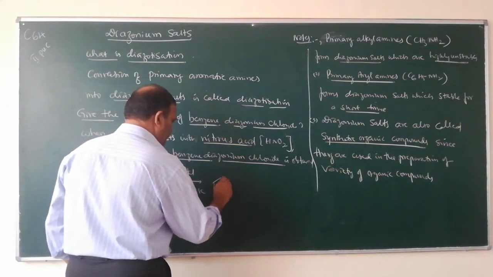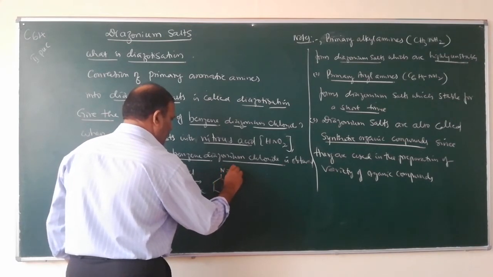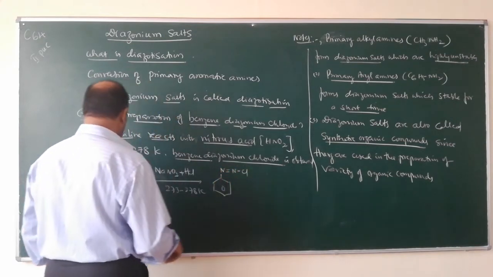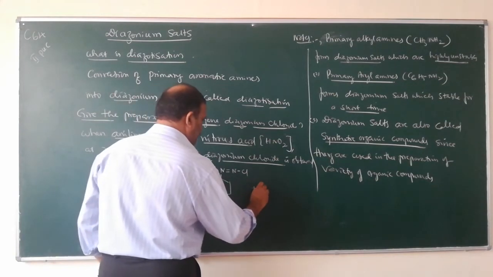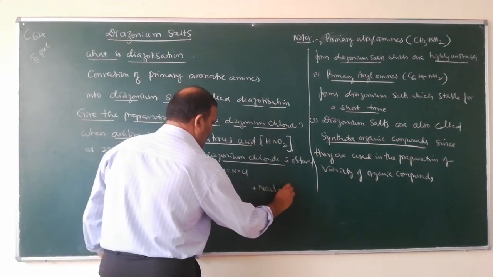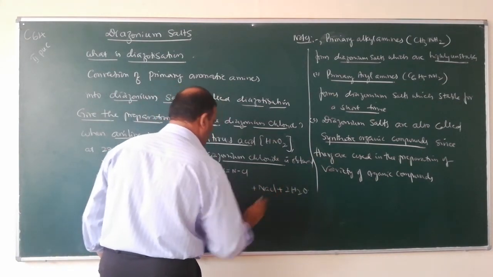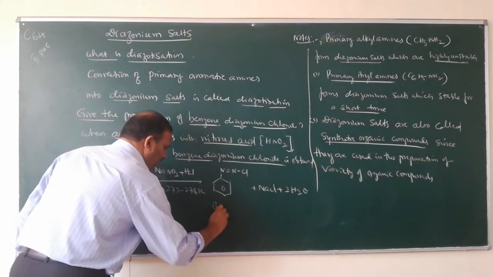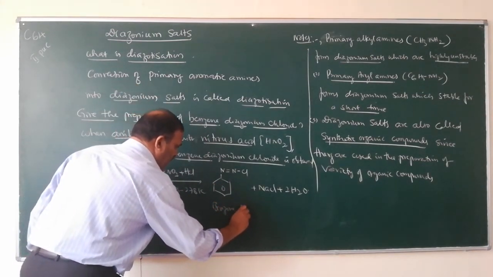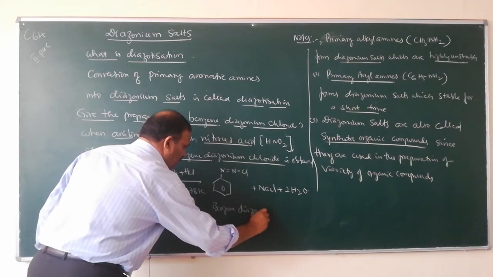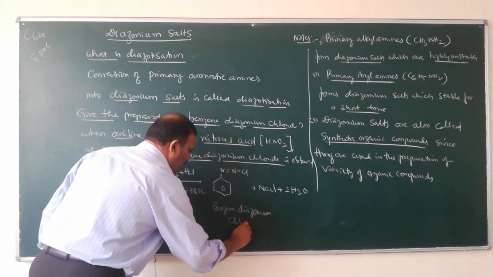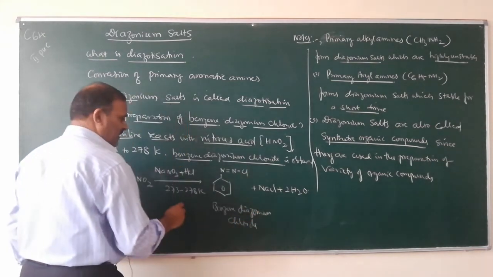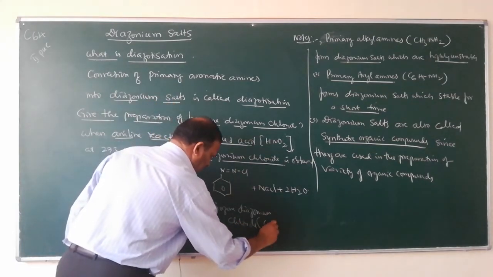So this is C6H5N≡NCl plus NaCl plus 2H2O. So this is benzene diazonium chloride. What is this formula?